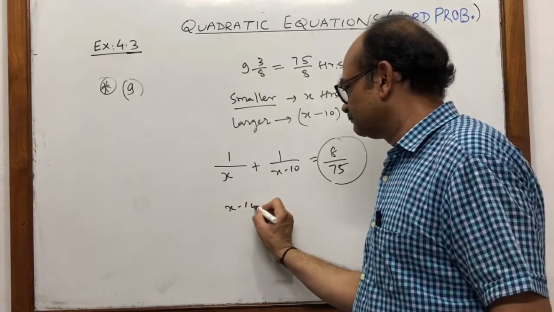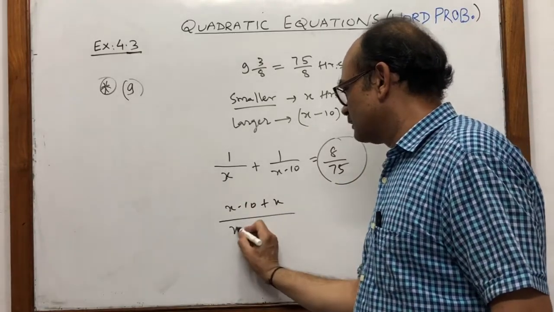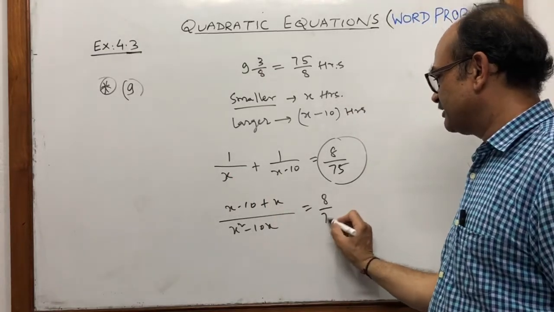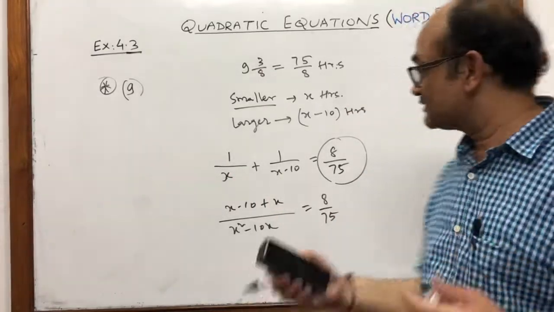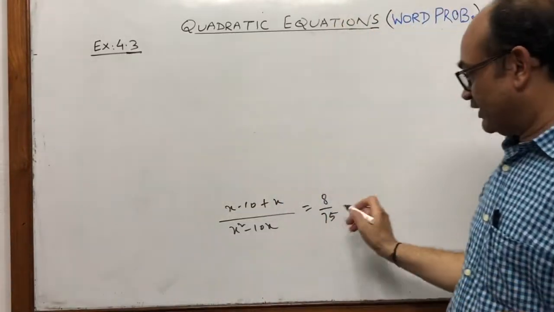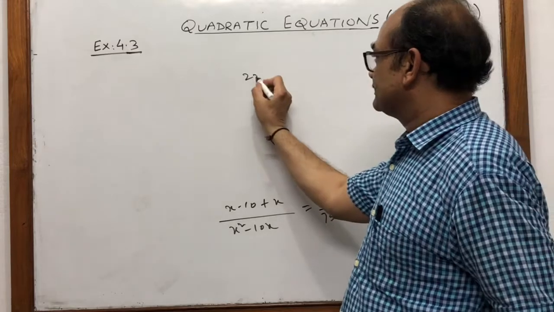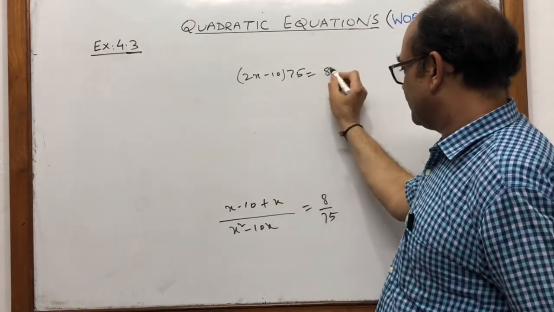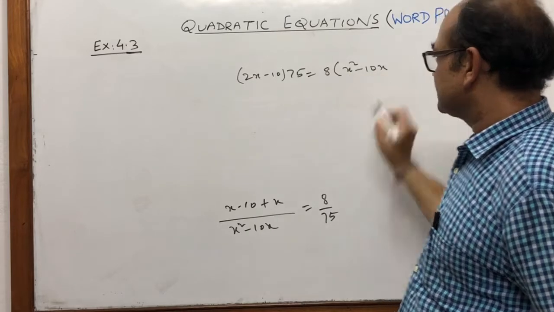LCM. LCM of 8 by 75. Tell me calmly. So finally 2x minus 10 into 75, 8x square minus 10x.